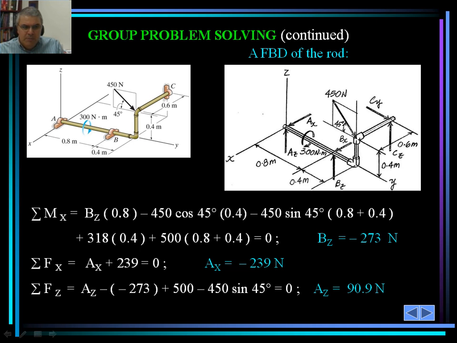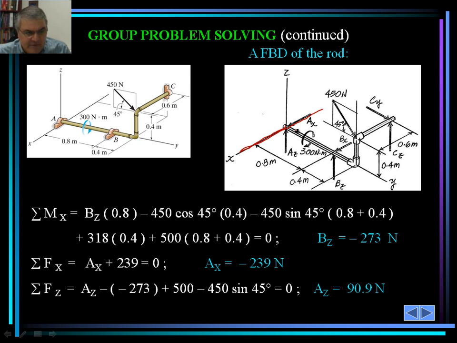Then there are three other reactions that still need to be calculated. In this case, the summation of moments would be taken about the x-axis. The x-axis is the axis shown here. You're going to take the moment about that axis.